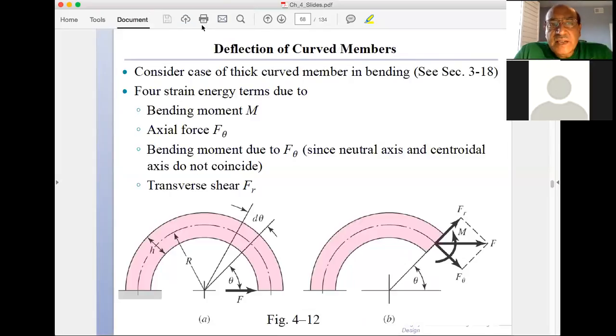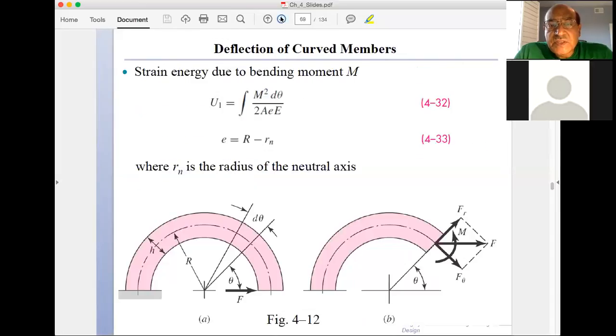So now we're trying to compute the contributions of this force system to the storage. We have an energy due to the moment, which is M squared over 2AeE, where E is the elastic modulus, and you integrate over theta.